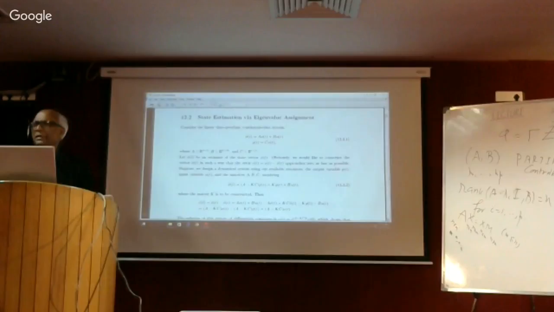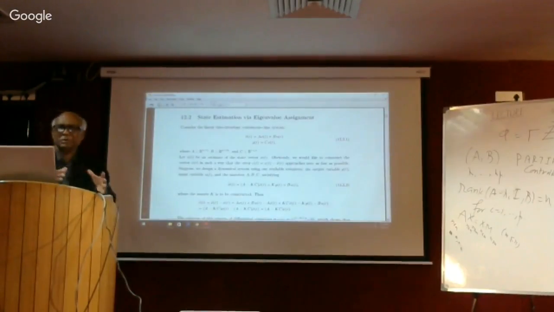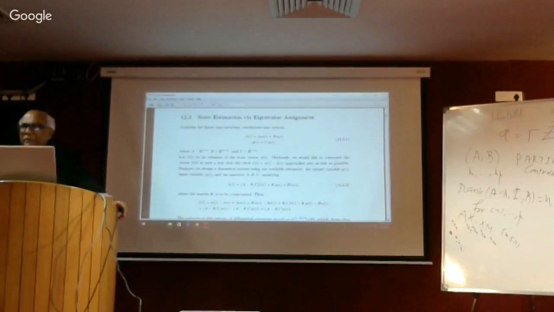And the estimated state vector, say x hat t, has to be constructed in such a way that the error between the original state and the estimated state will die in an asymptotic way. That means the error vector will approach 0 as t approaches infinity.